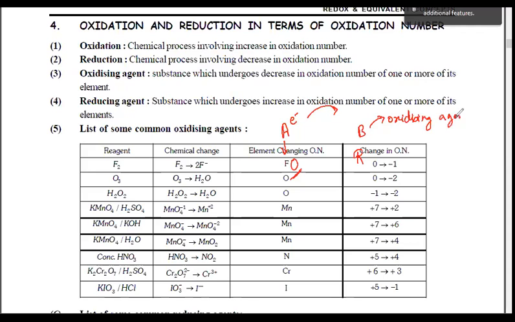So can I say that B is the oxidizing agent, because B is making A lose its electron? Can I say B is the oxidizing agent because it is oxidizing A?